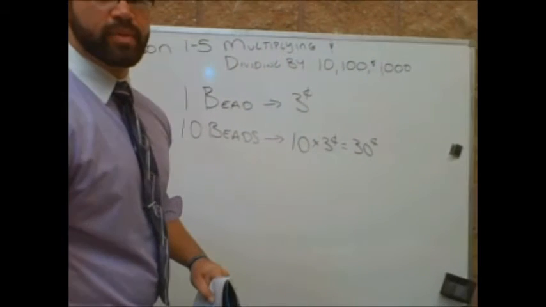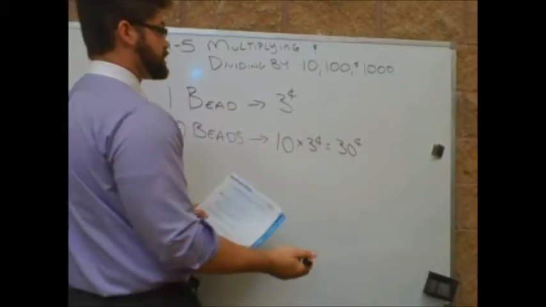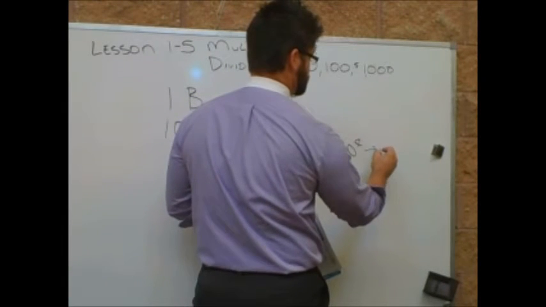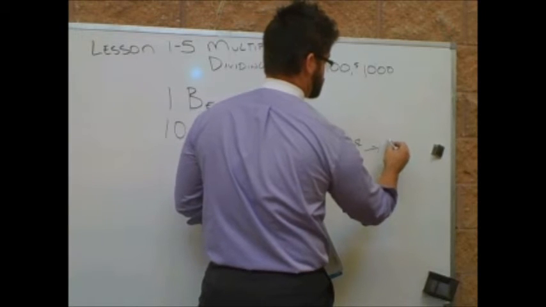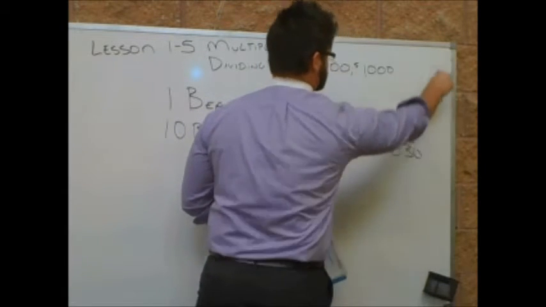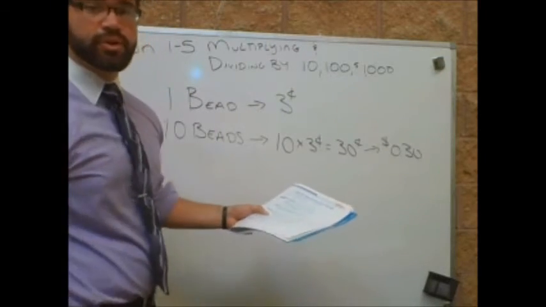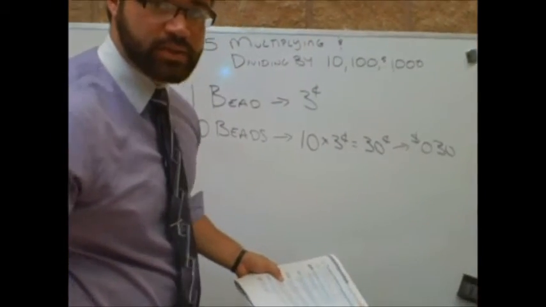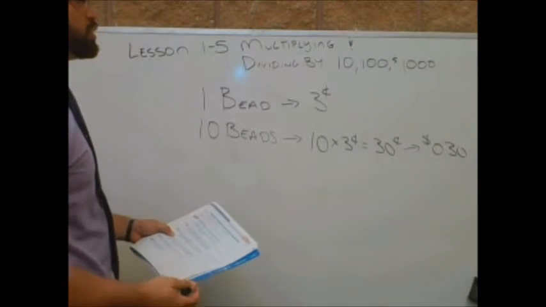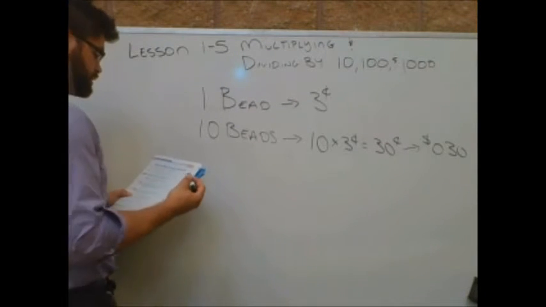I'm going to move you over a little bit because we're going to keep extending this. And 30 cents can also be written as 30 cents, right? If we're using the dollars and cents notation. Okay, so let's go ahead and look at 100 beads.